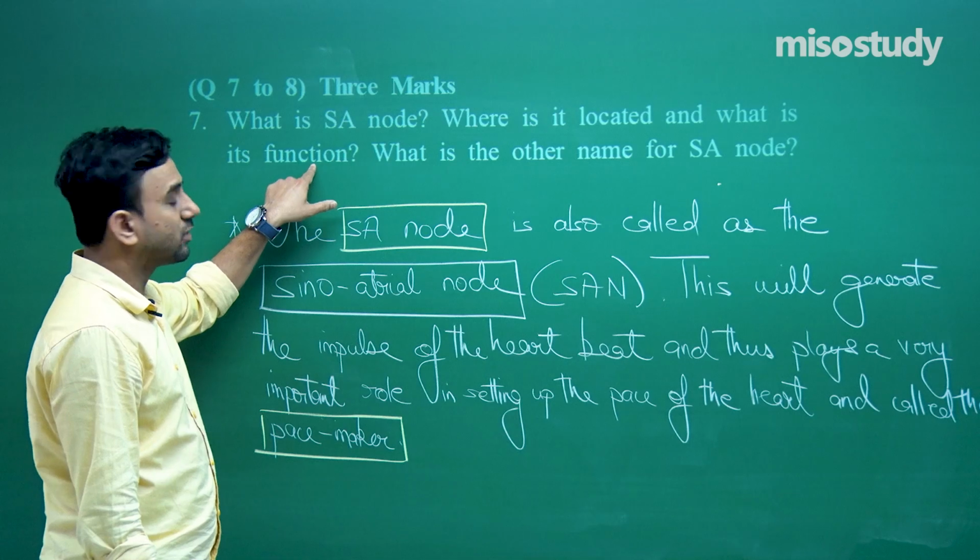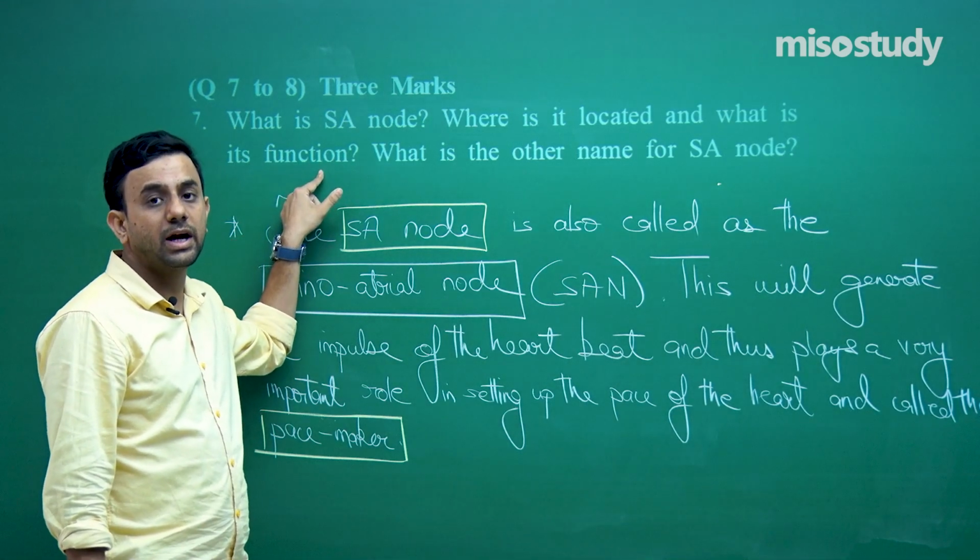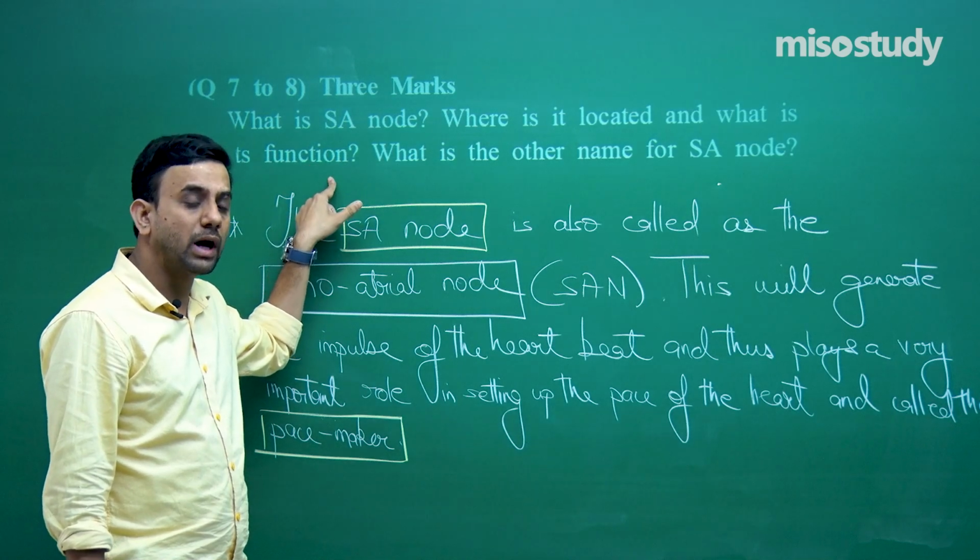Where is it located and what is its function? It is located in the right atrial wall near the vena cava.